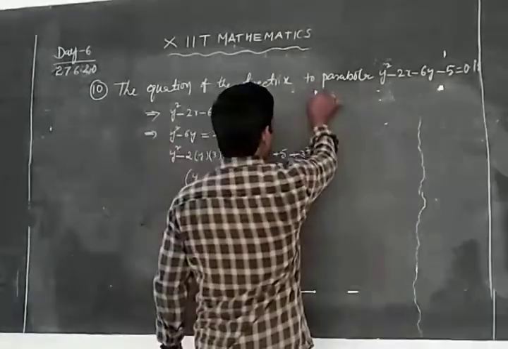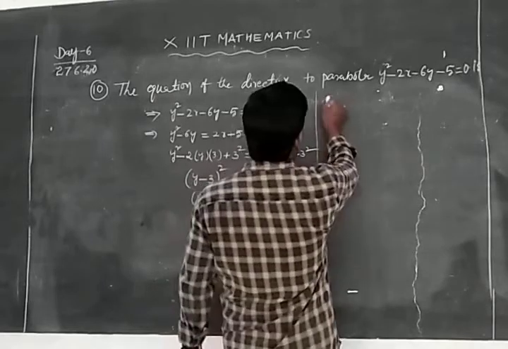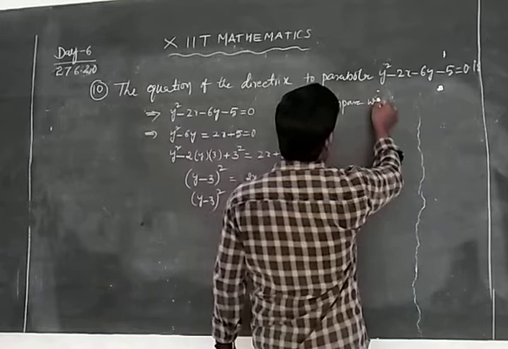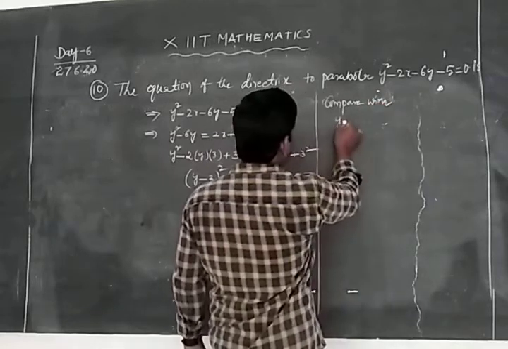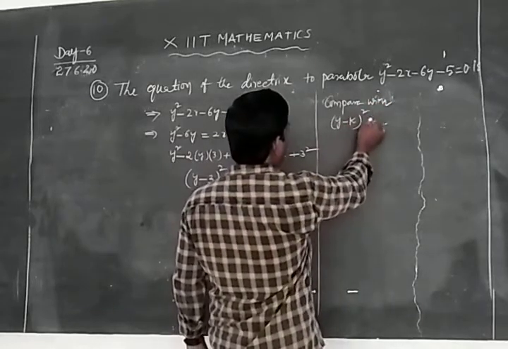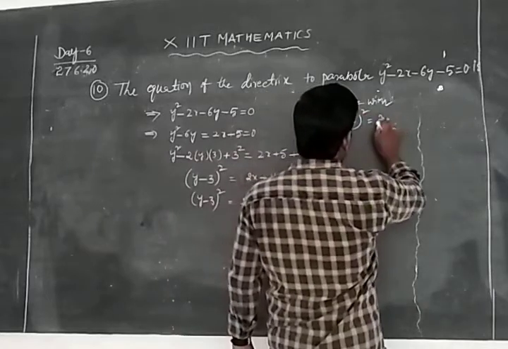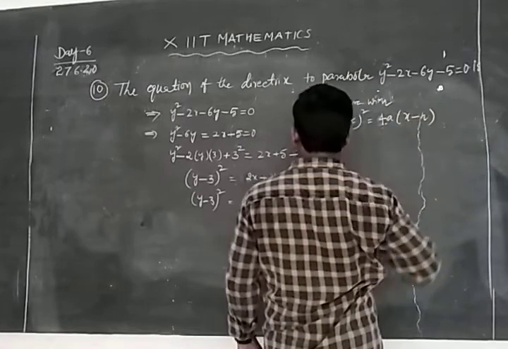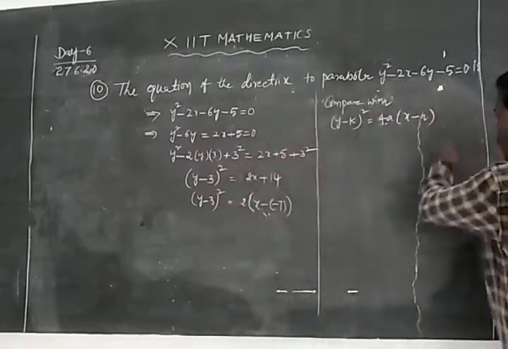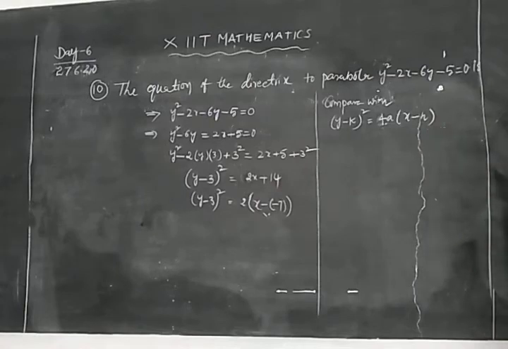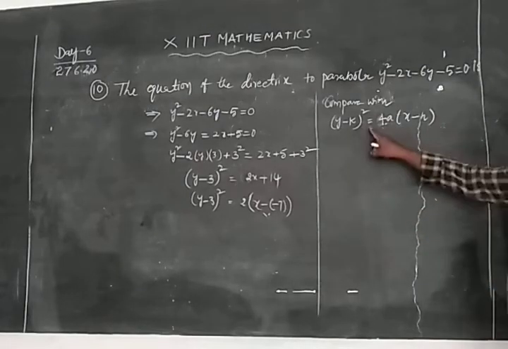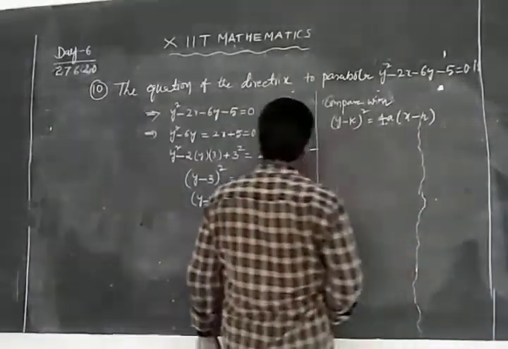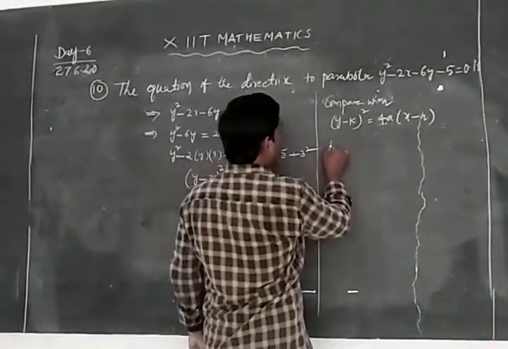So compare with y minus k whole square equal to 4a into x minus h. It is the parabola y minus k whole square equal to 4a into x minus h. Here h comma k.